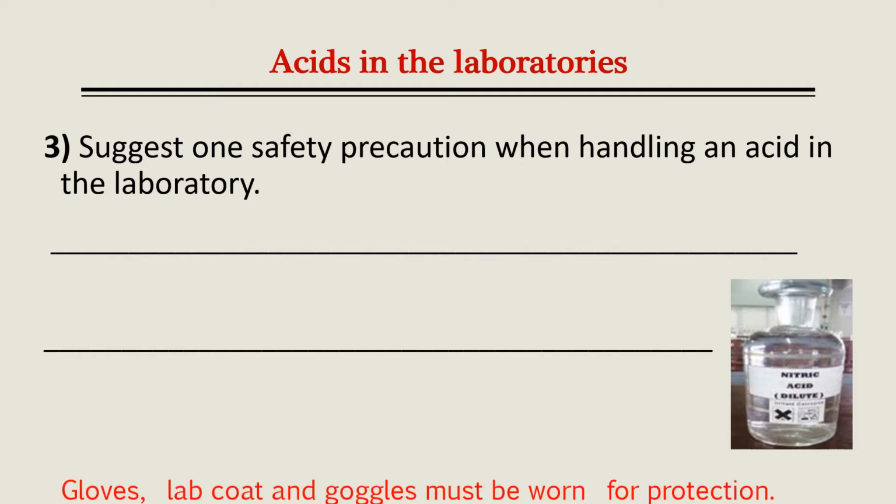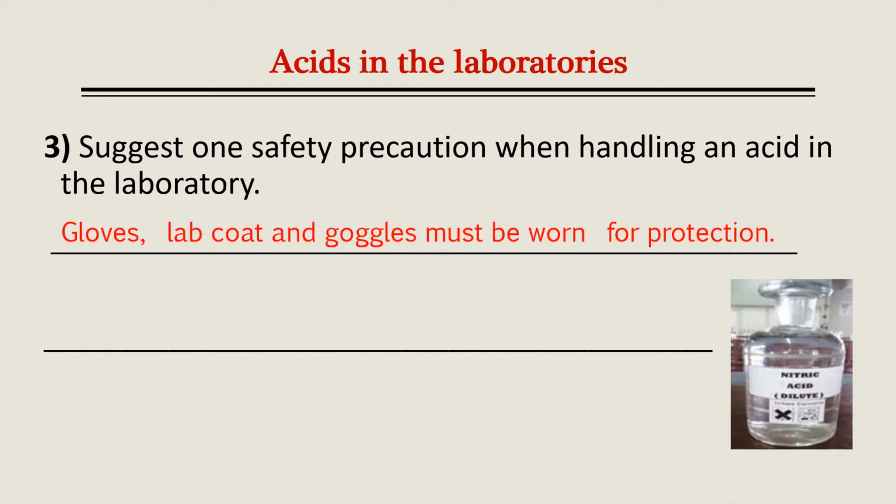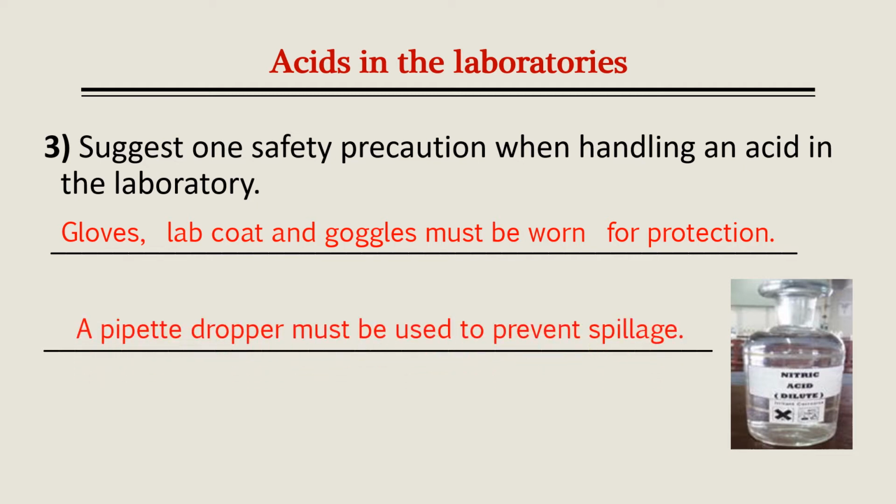In fact, one safety precaution when handling an acid in the laboratory is that gloves, lab coat, and goggles must be worn for protection. Another safety precaution is that a pipette dropper must be used to prevent spillage.